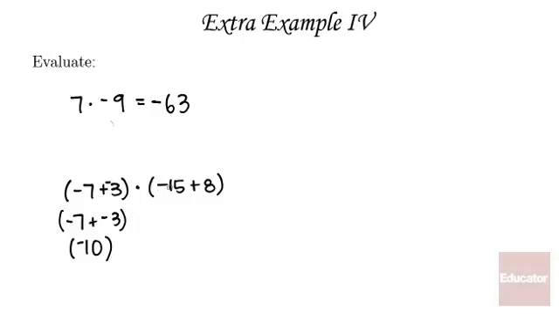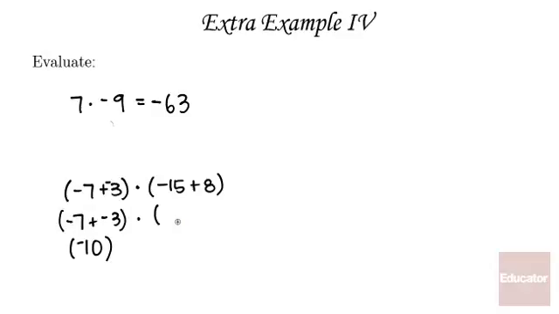Now I still have another parentheses I have to solve out. This one right here is already an addition problem. We don't have to change this problem like we did this one because it's already a plus right here. The whole point of changing this was to make it a plus. So negative 15 plus 8, they have different signs, so we're going to take the difference of their absolute values.